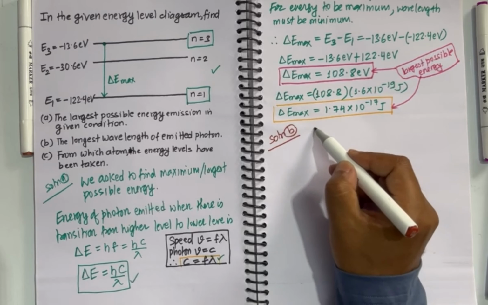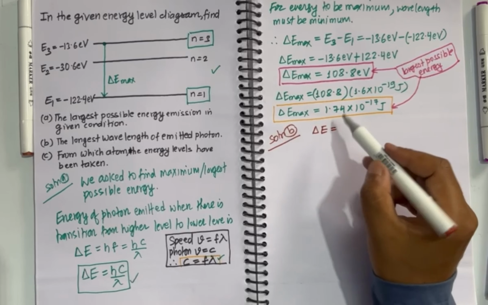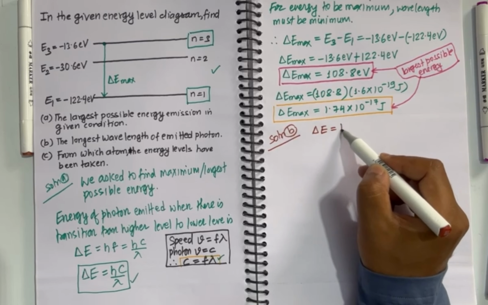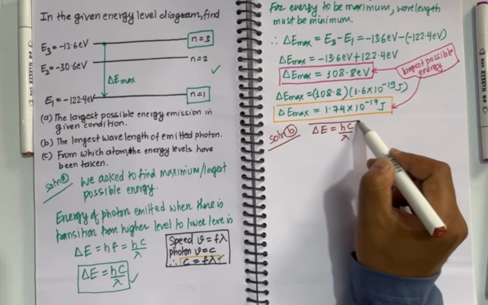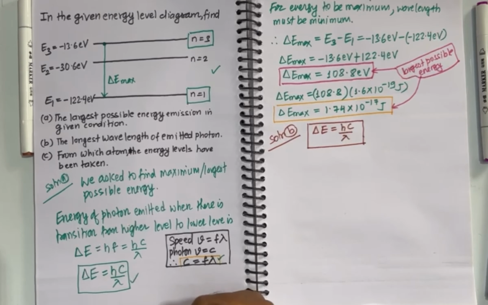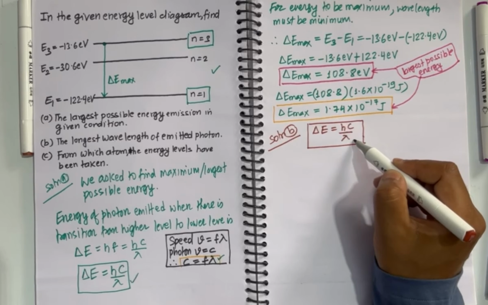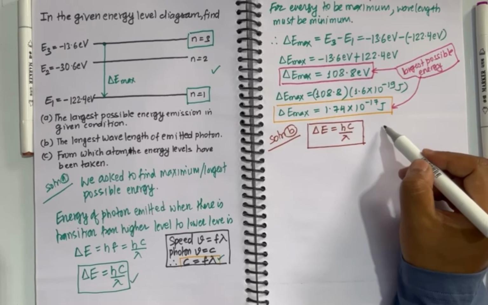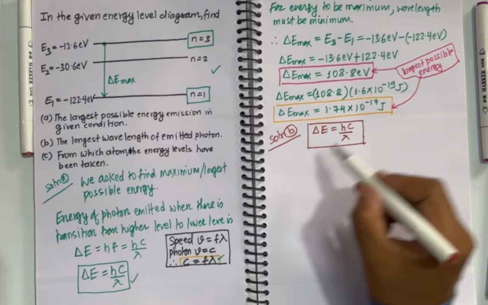Again we use this equation, delta E equals hc by lambda, and we are asked to find the longest wavelength. So longest wavelength means maximum wavelength.